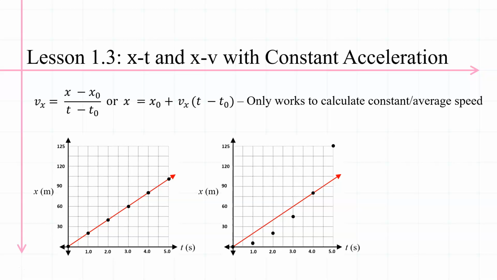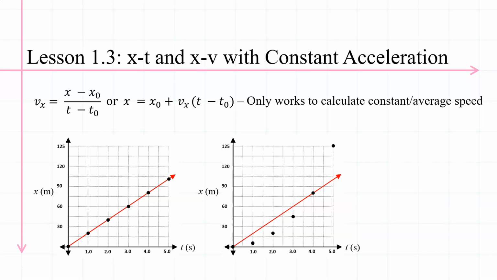That means it's the velocity that the object would have to travel at a constant speed to get from the first point to the second point in the amount of time given, or to get from 0, 0 here to 80 meters in that 4-second time frame. Now notice that I'm calculating a straight line distance time curve, but actually the object isn't moving anywhere near the straight line that I have.